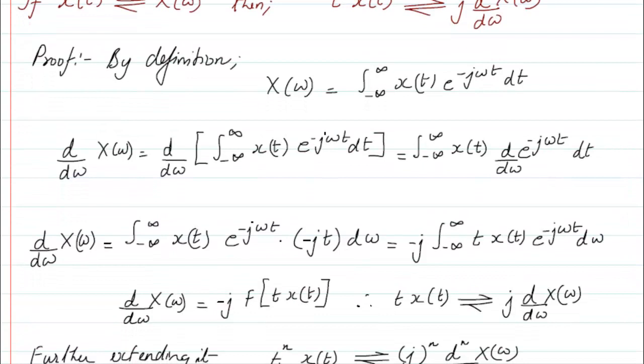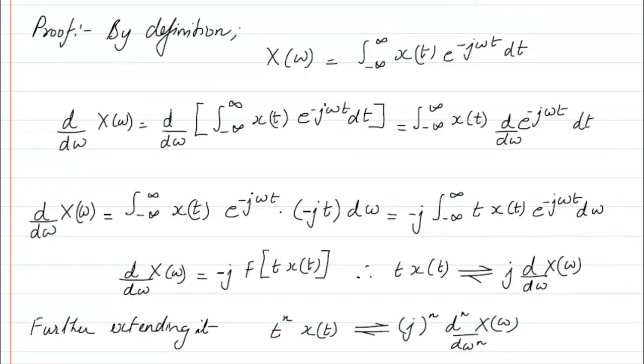Therefore I will write that the differentiation of X of omega is minus j multiplied with the Fourier transform of t x of t. Therefore I can say that the Fourier transform of t x of t, if I take this j to the other side, becomes plus j d by d omega of X of omega.